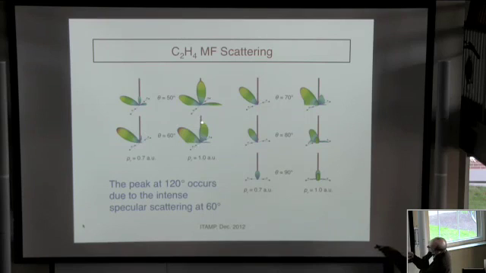So here's the beam coming in, you get a big peak going out this direction. And so that's actually at 120 degrees from the original rescattered direction. So you get the strong peak, which is coming from specular scattering off this, if this were like a plane. And so you can get some structural features using this.